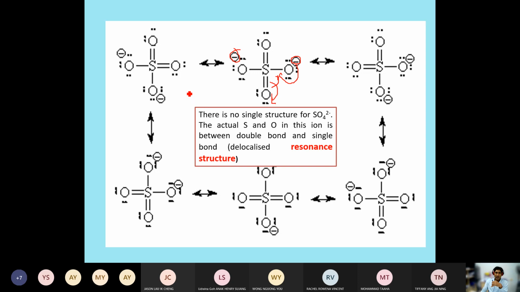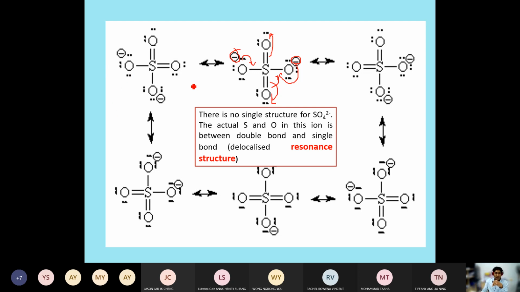This charge will go here and this one will form another bond, and then this bond will go. So it is rotating by breaking and forming the double bond with all the oxygen atoms.